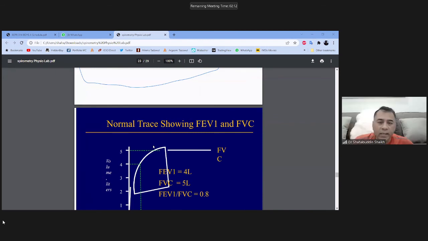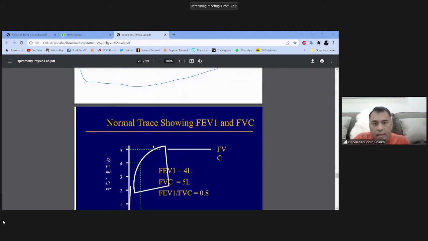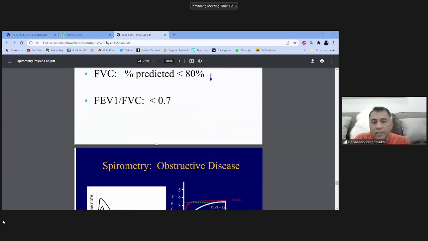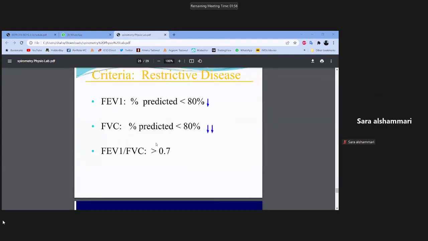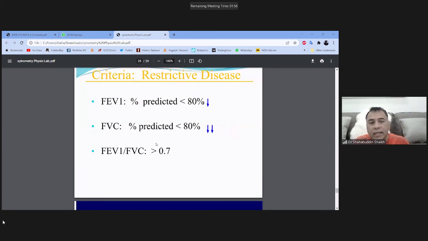What I said is very important. A case history with data of the patient will be given. In that data, there will be three values: FVC, FEV1, and FEV1/FVC ratio.